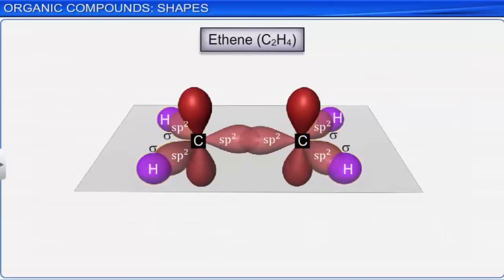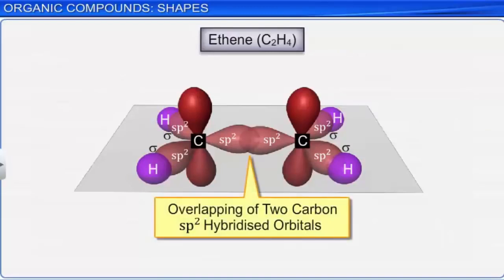The remaining sp2 hybrid orbital of a carbon atom overlaps coaxially with a similar sp2 hybrid orbital of the other carbon atom to form a strong carbon-carbon sigma bond by sp2-sp2 overlap.